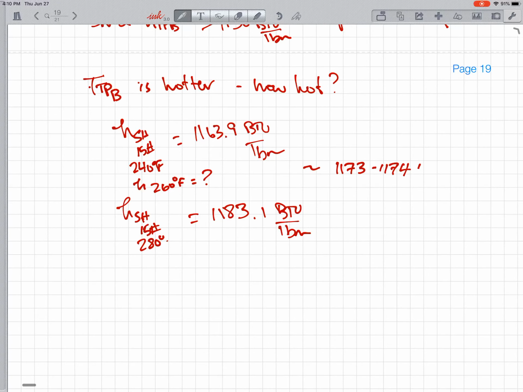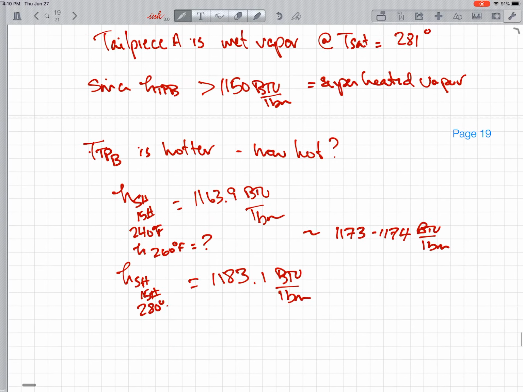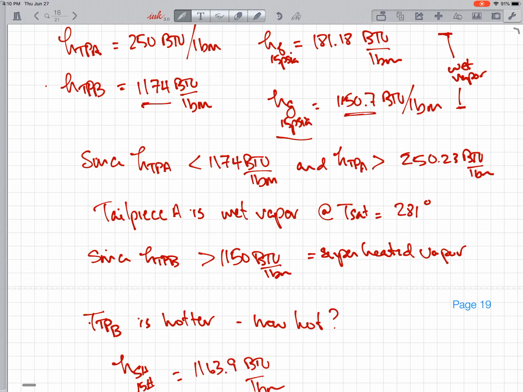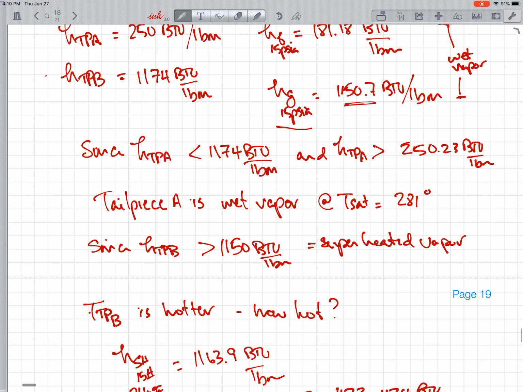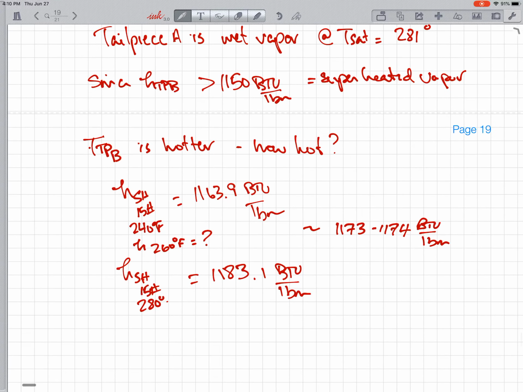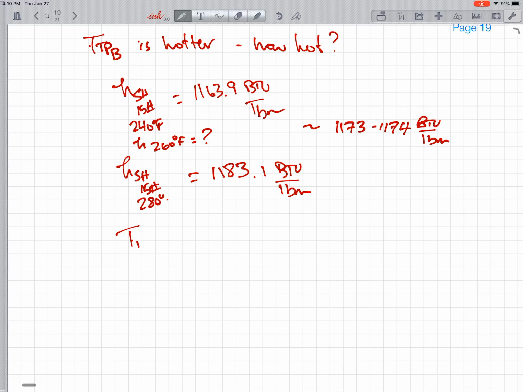to 1174 BTUs per pound mass. And hey, look, that's what the tailpiece temperature is for this problem. So I'm going to say the temperature for tailpiece Bravo is equal to approximately 260 degrees.